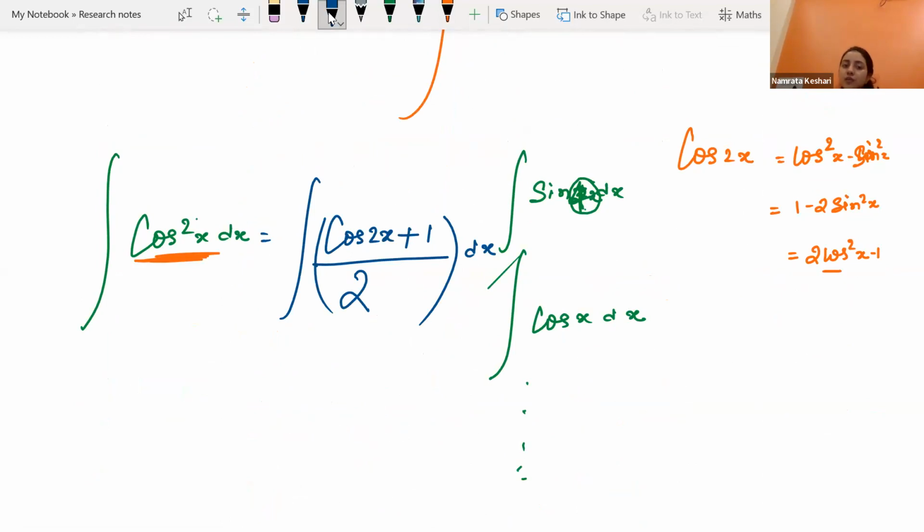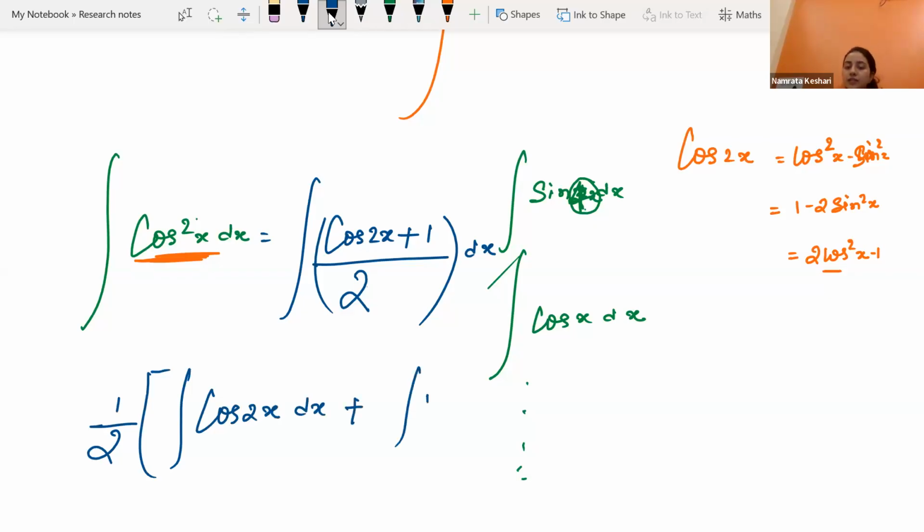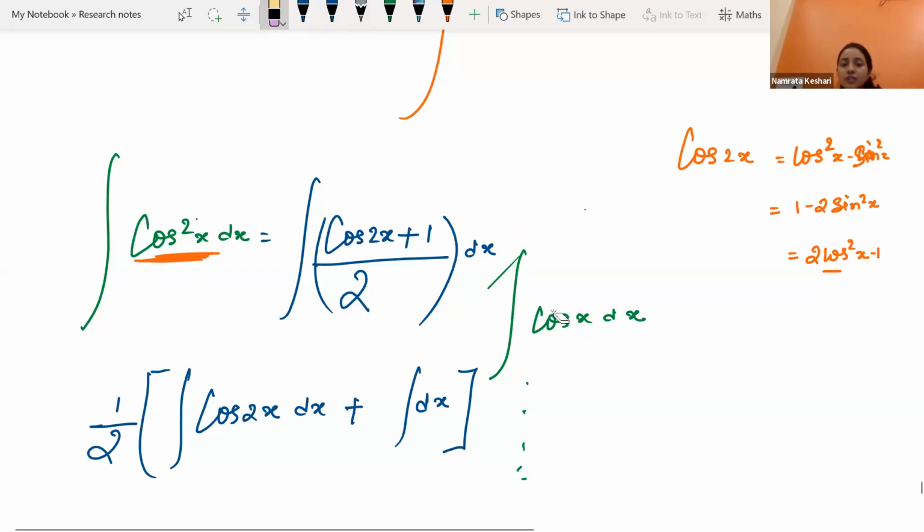We can keep 1 by 2 outside, and do the integration of cos 2x dx plus 1 dx, that means only dx.